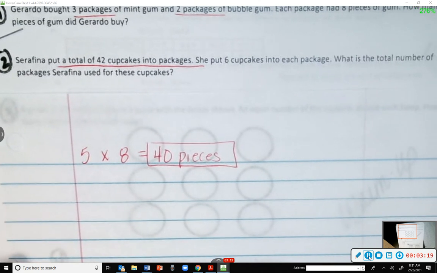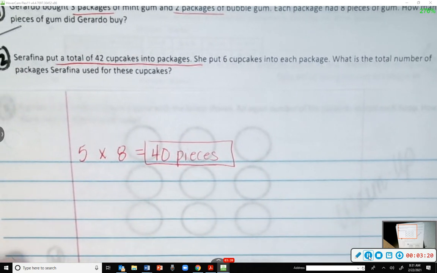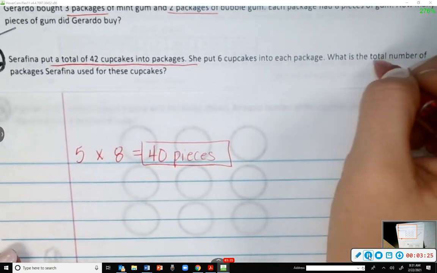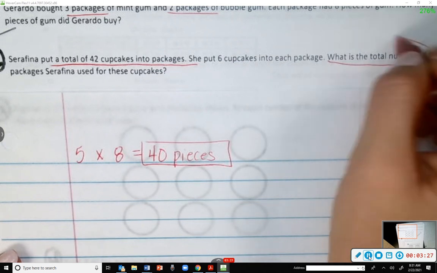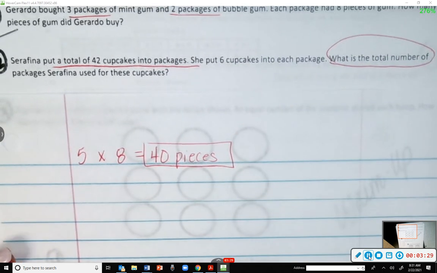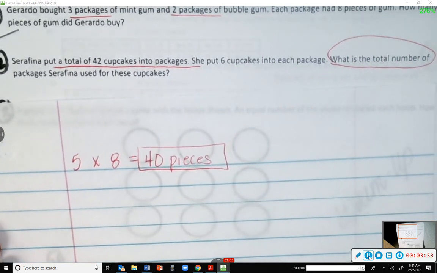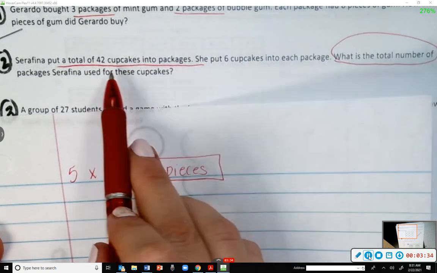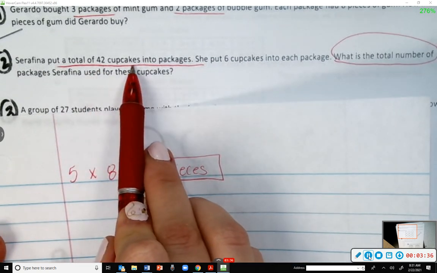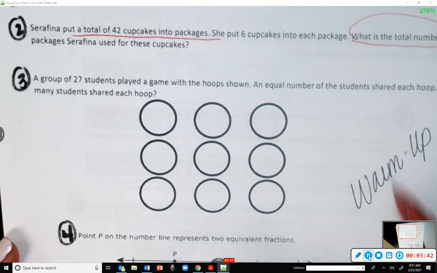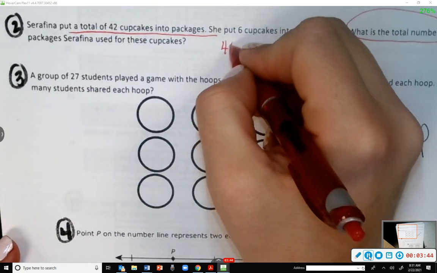What is the total number of packages Serafina used for these cupcakes? So don't get tricked by this down here. We're not finding the total in all because we already know how many cupcakes in all. We're splitting those up into groups, right? 42 divided by 6.